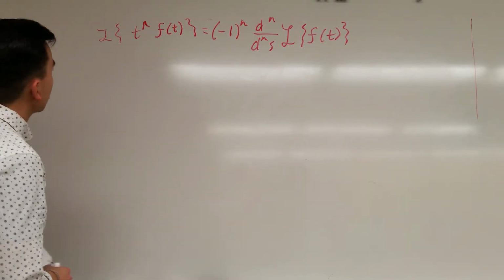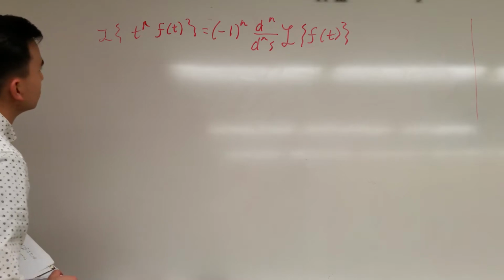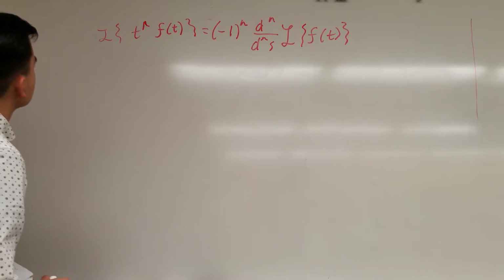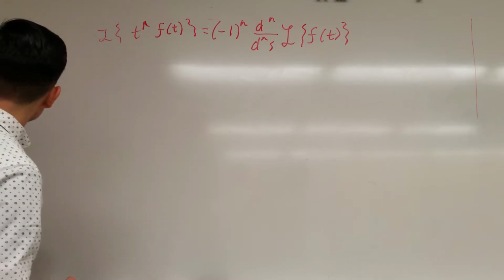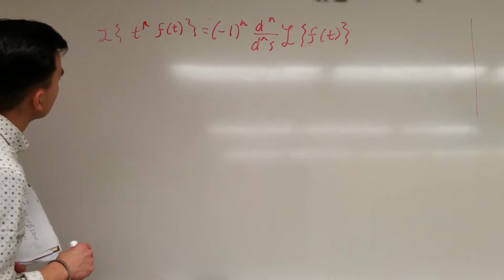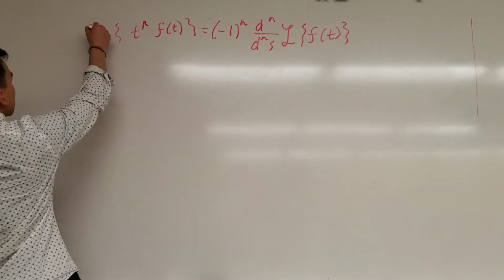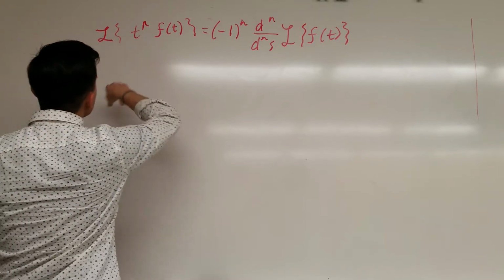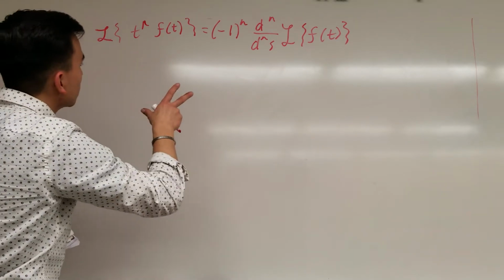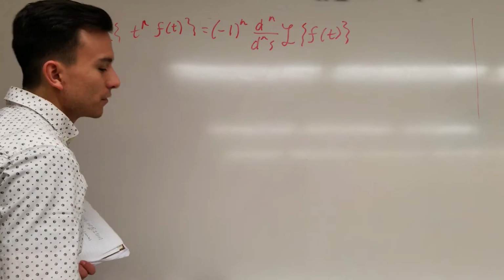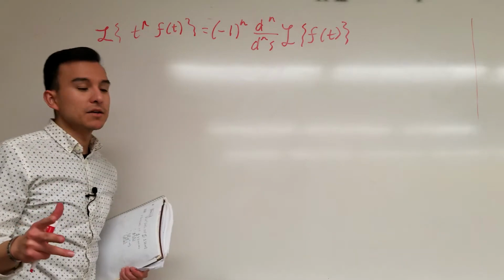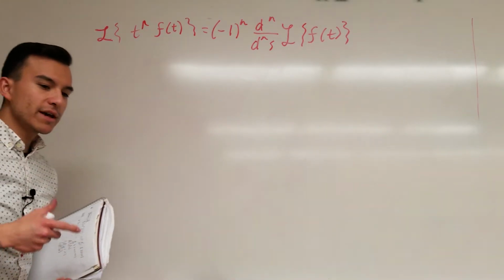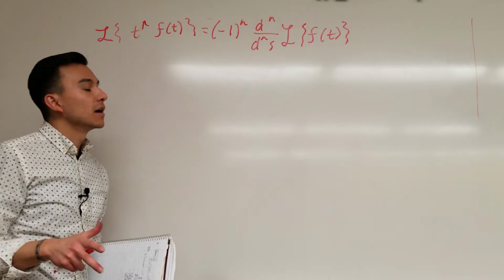Okay, so if I had this function, if I wanted to Laplace t to the power n times a function of t, well, we're multiplying functions, right? So we can't really do that just yet.